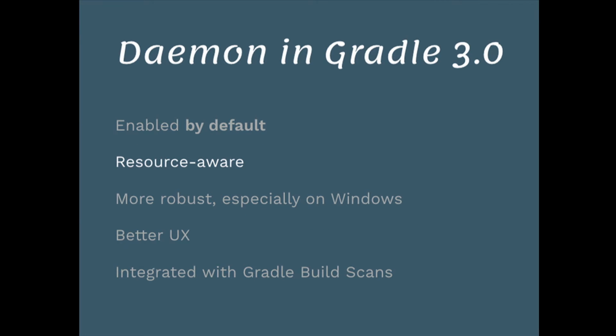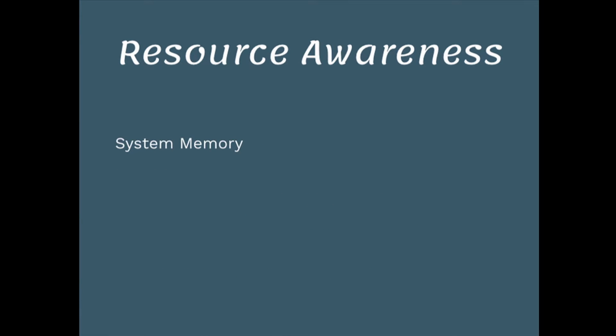It's resource aware. It's aware of system memory. So if system memory is low, daemons will typically idle out faster. If a daemon JVM memory is slow, then we may do some more aggressive cache eviction. We also take into account garbage collection activity on the daemon JVM.